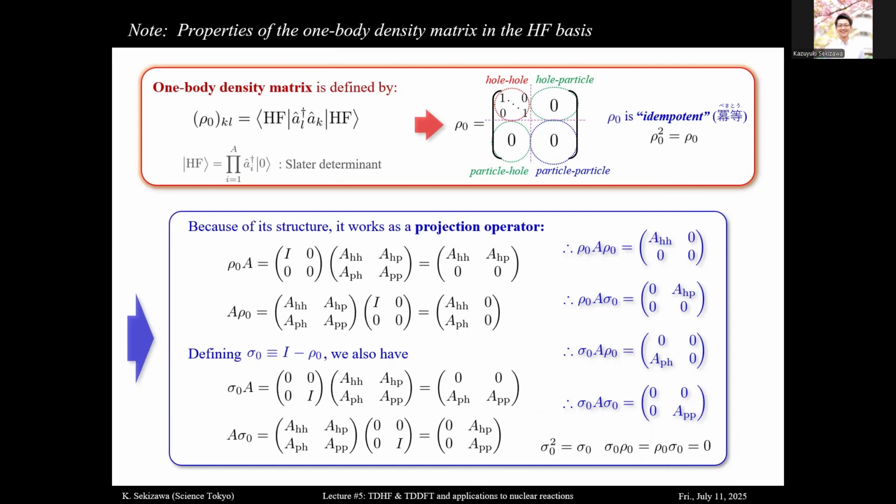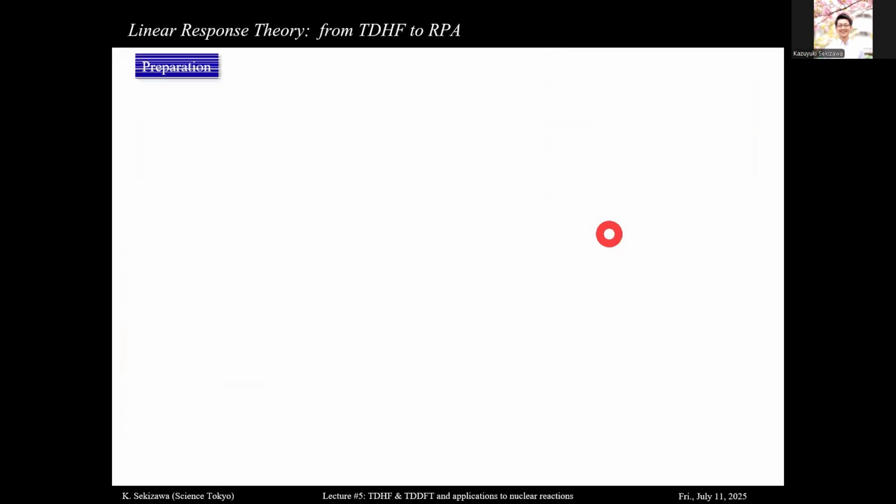So if you operate sigma 0 after rho 0, then it is 0 because it is already after the projection. So we will just use those equations.